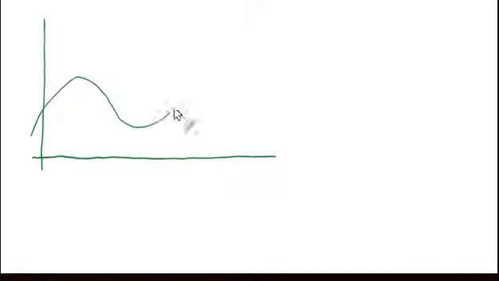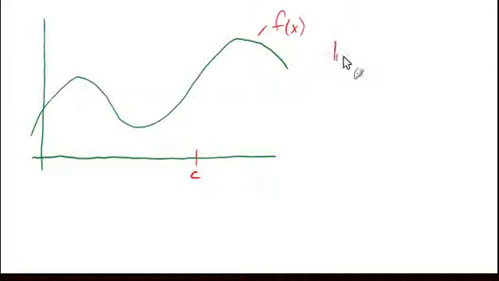So in the previous section, when we talked about limits and we defined it, the limit was defined as, let's say that there's this point c. So the limit, and this graph is f of x, the limit as x approaches c of f of x, was defined this way.